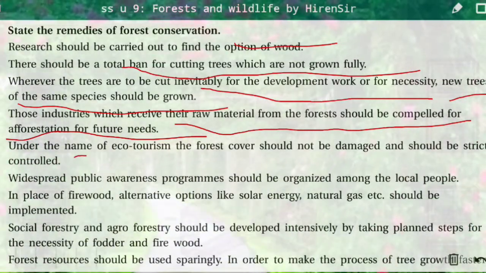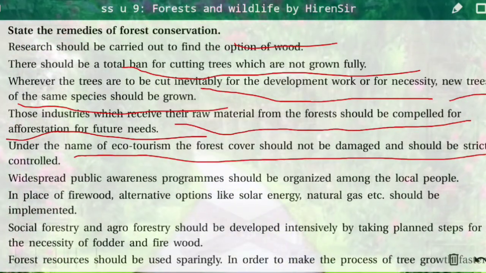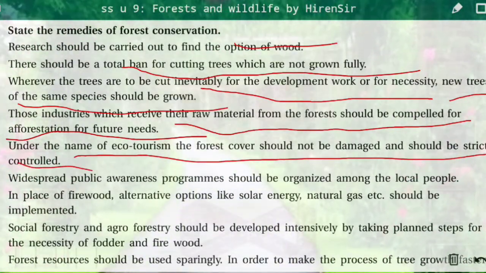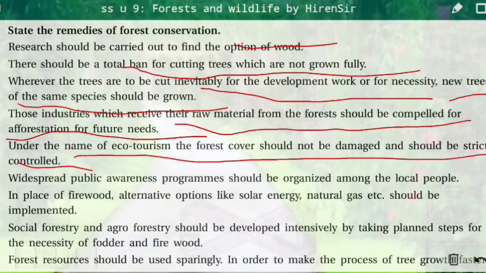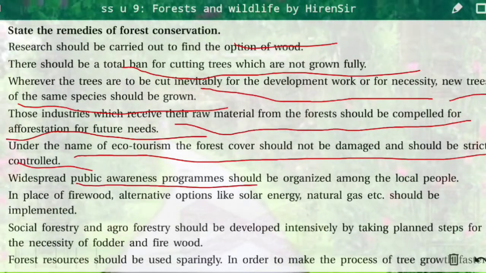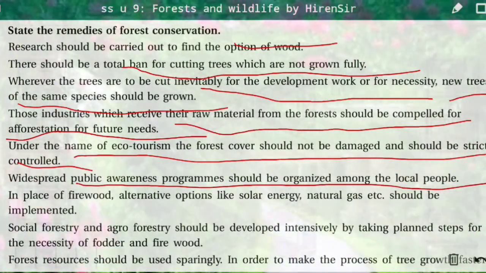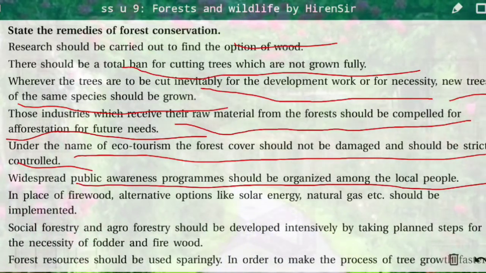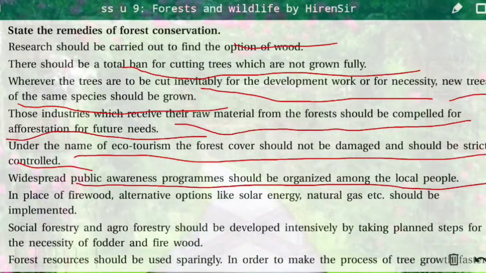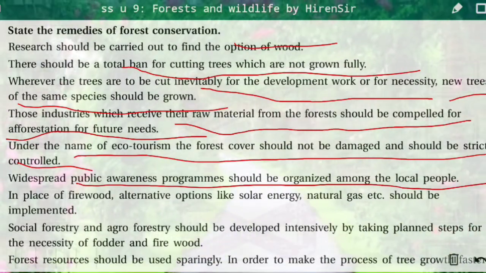Under the name of ecotourism, forest cover should not be damaged and should be strictly controlled. Next, a widespread public awareness program should be organized among local people, which is also important, because if people are not well aware, then most people, even the local people, will cut down the trees.